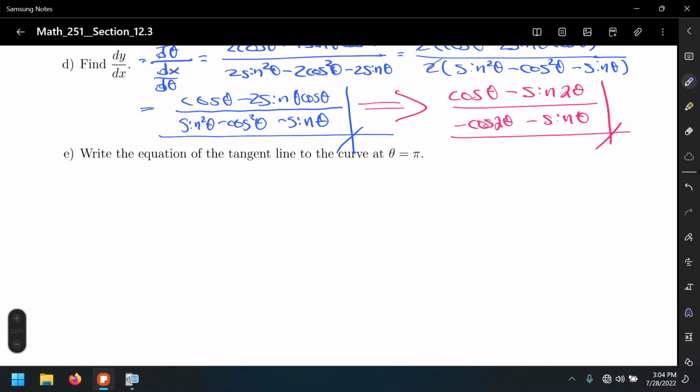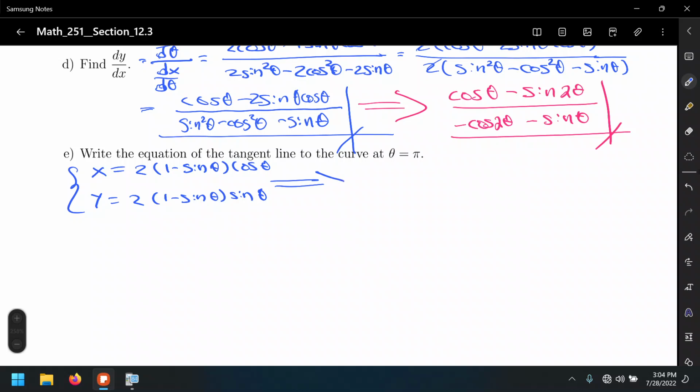So let's see. I'm going to go back to the original equation, x, y, the original parametric equation, which is 2 times 1 minus sine theta times cosine theta, 2 times 1 minus sine theta times sine theta.